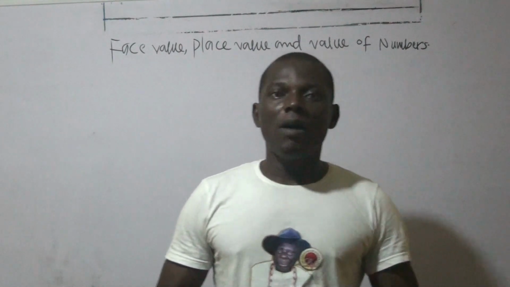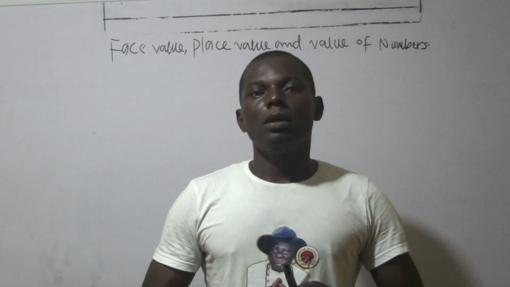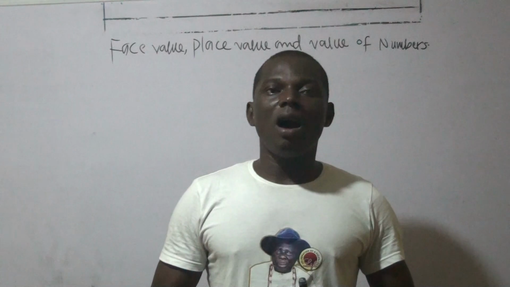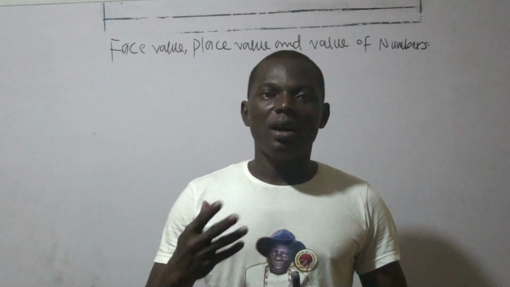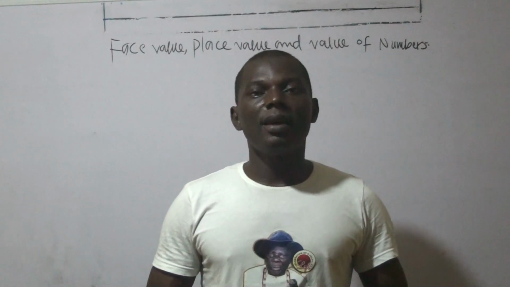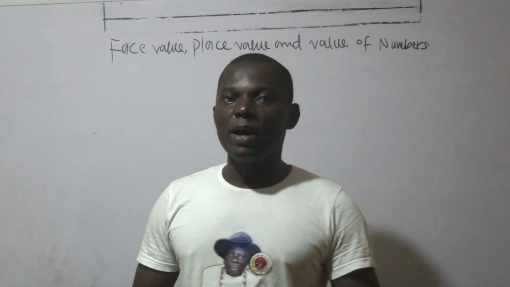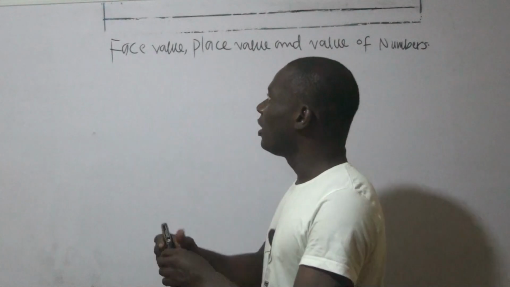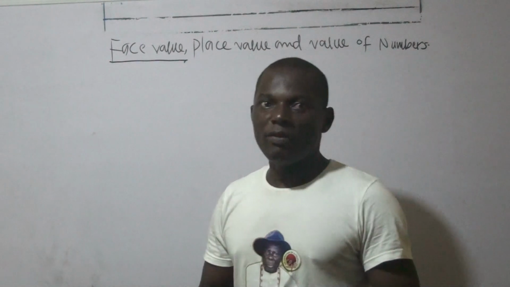In this class I want to clarify the fact that there is a difference between the value of a number and its place value. Essentially we're going to use the face value to clarify the facts.